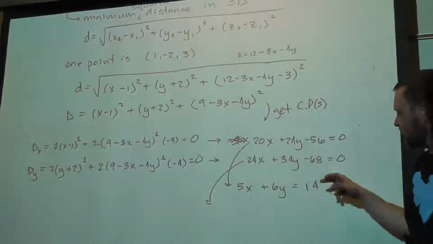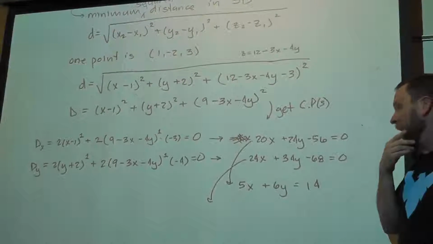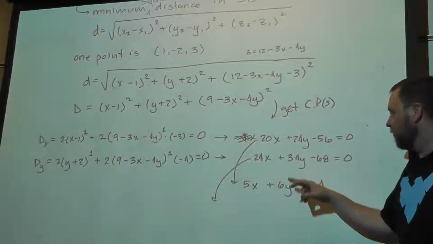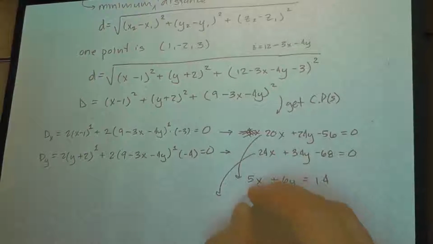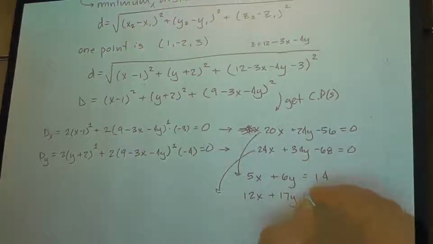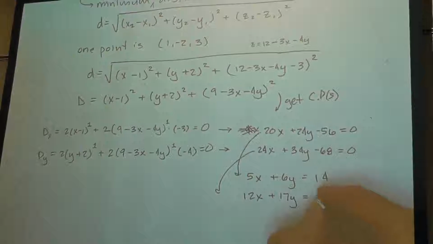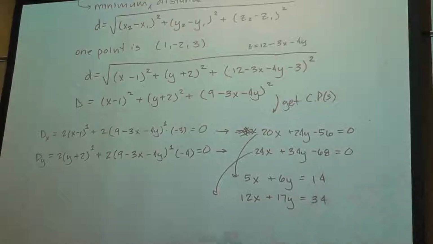Same thing with the second equation. Bring the 68 over. Everything here only has a 2 in common because that's 34. It's not a multiple of 4. So if I cut this equation in half, that becomes 12x plus 17y equals 68 in half, which is 34.